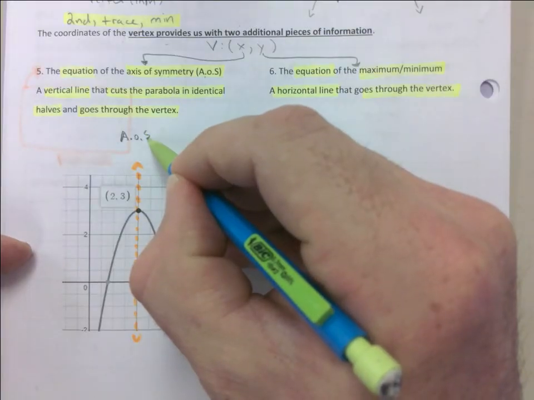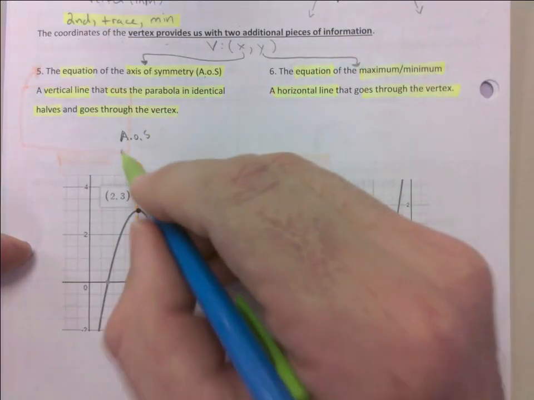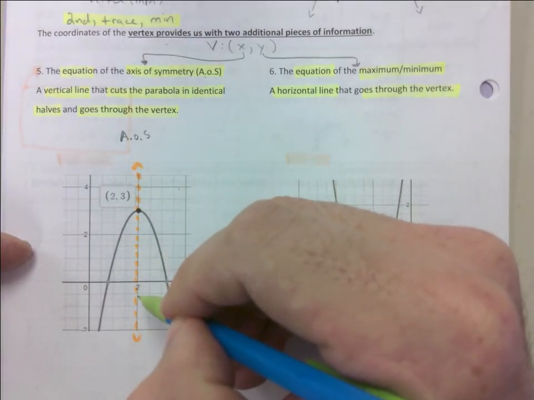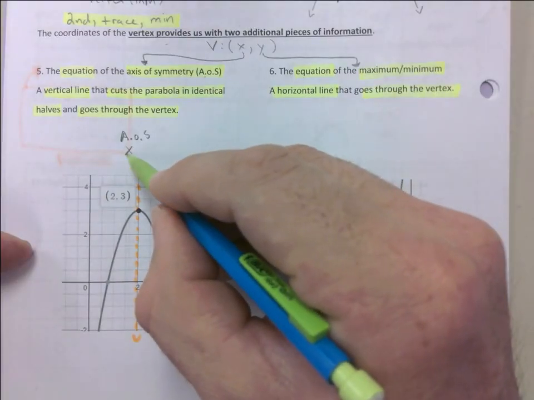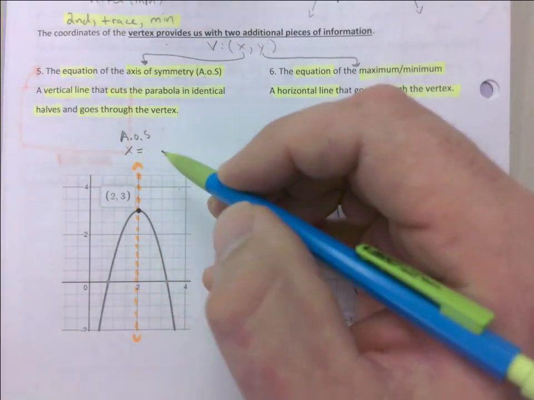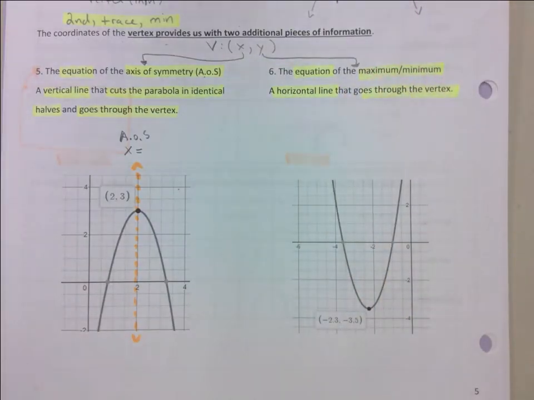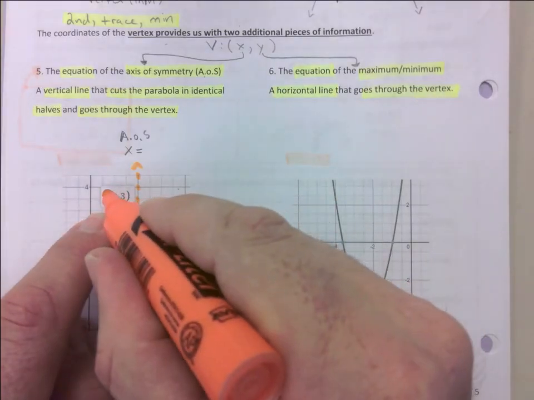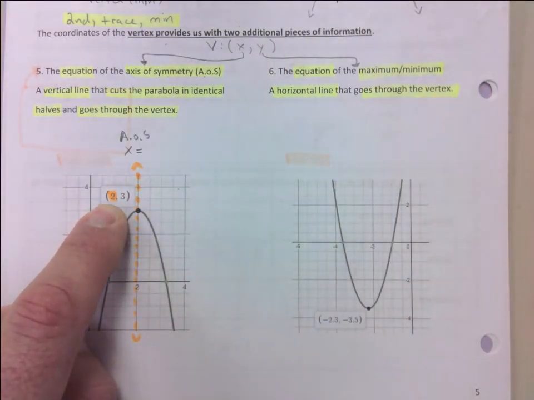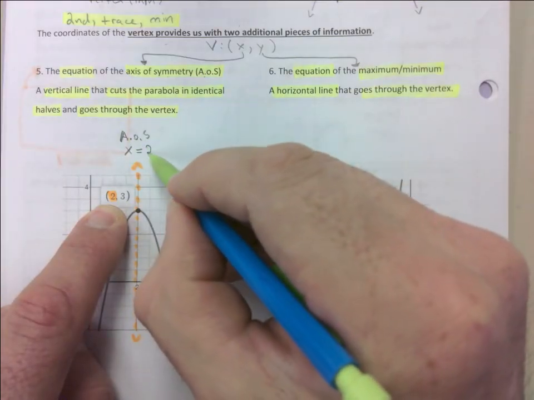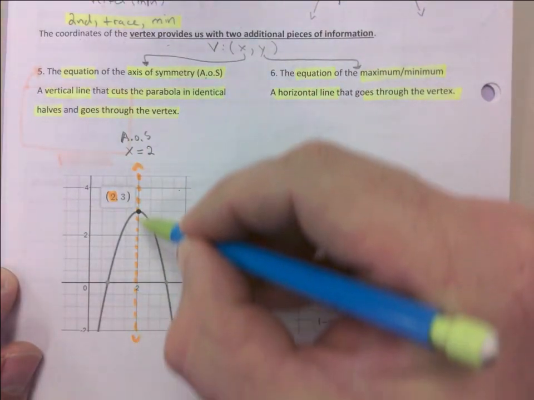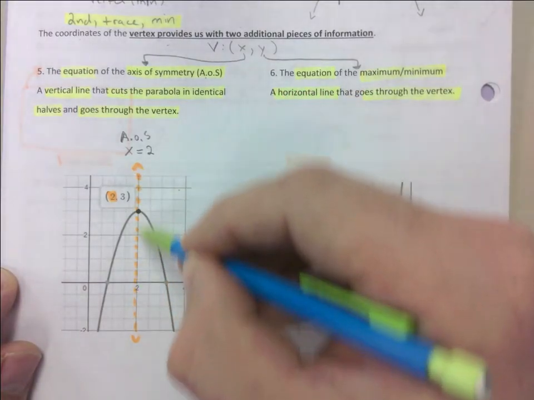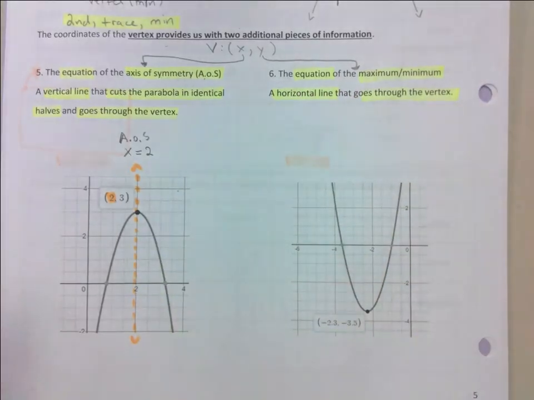And the way we write it is we say, the equation of this imaginary line is x is equal to whatever the x value of the vertex is. What is it in this case? It's 2, right? So the equation of this line right here is x is equal to 2. It's a vertical line. Okay?